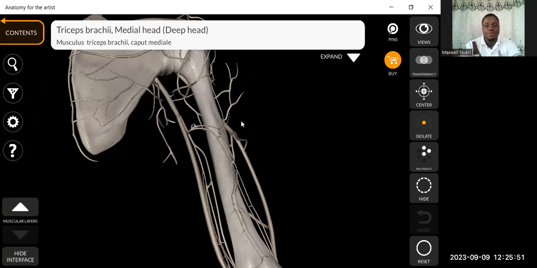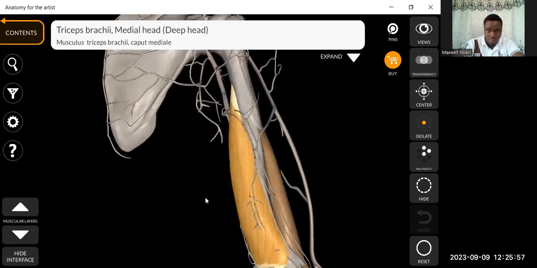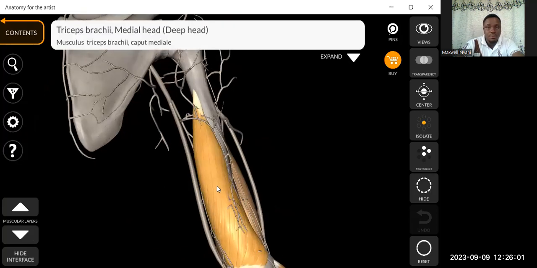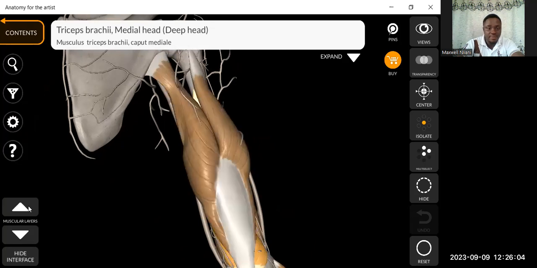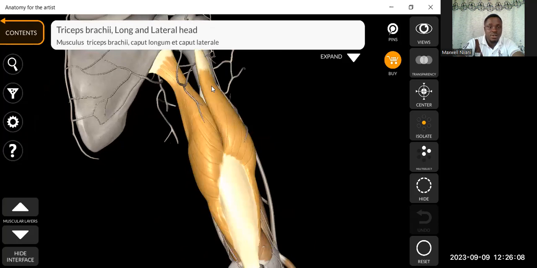So you can see this is the medial head, right? Good. This is the lateral head, okay? And then this is the long head, all right?